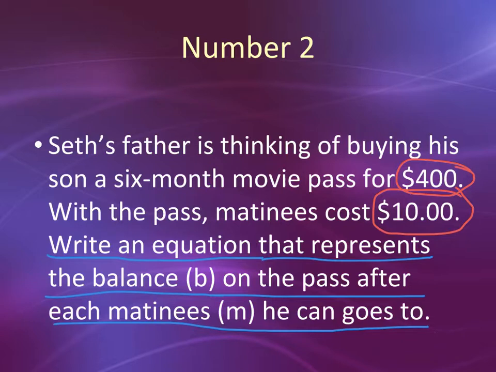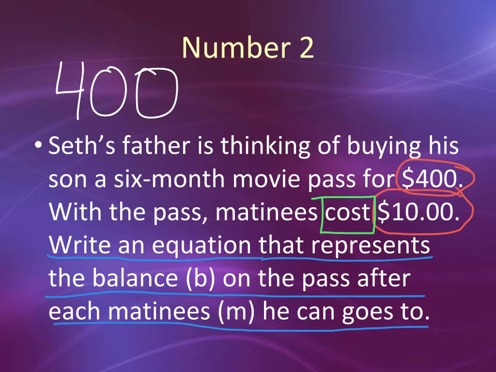So I've got those done. So matinees are going to cost me $10. That is my only keyword. So I am starting out with $400 on the 6-month pass.